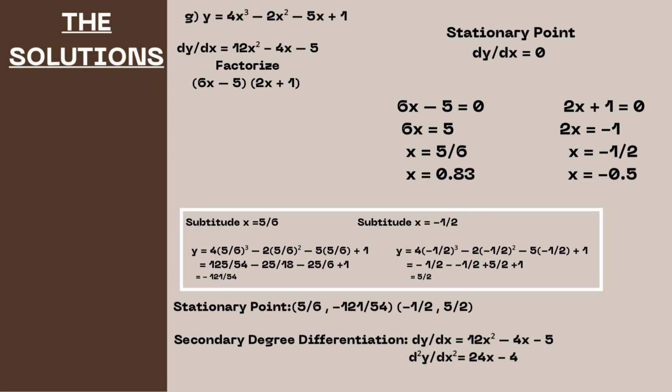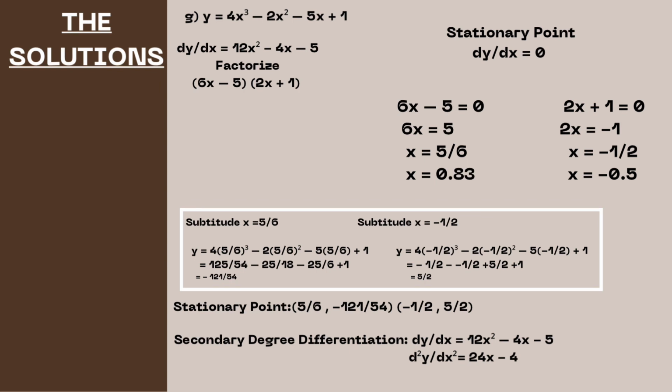You will get the answer 5 per 2. The stationary points that we got are 5 per 6 and negative 121 per 54, and negative 1 per 2 and 5 per 2.